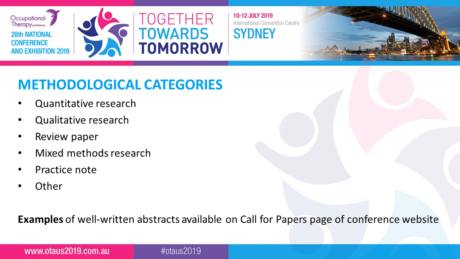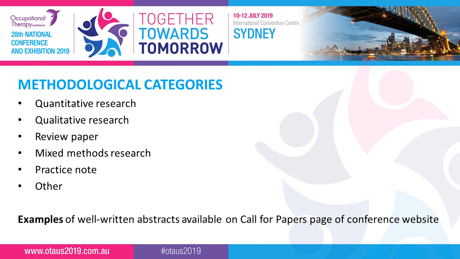I will make special note of the review paper category. Now, papers presented within this category should follow a specific and replicable process of selecting literature. So it could be a scoping review methodology, or it could be a systematic review methodology.